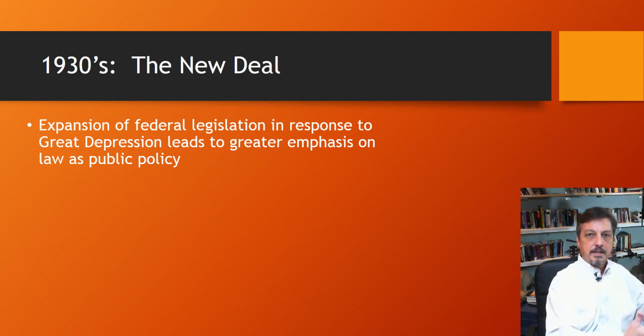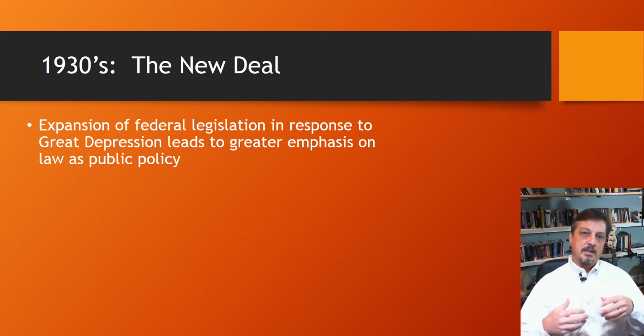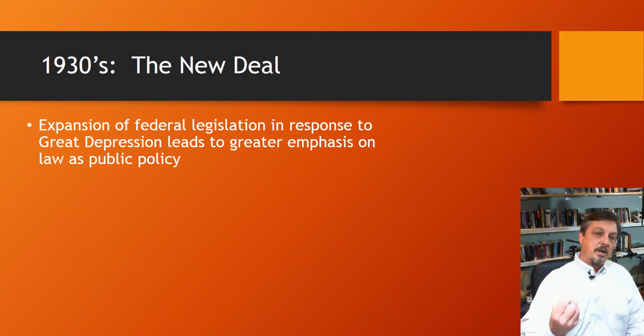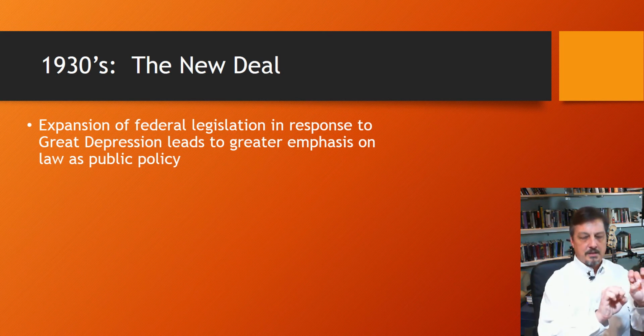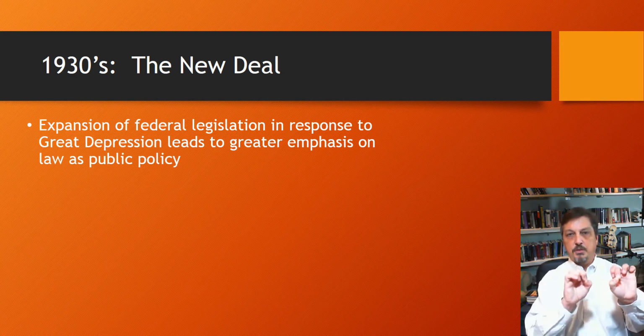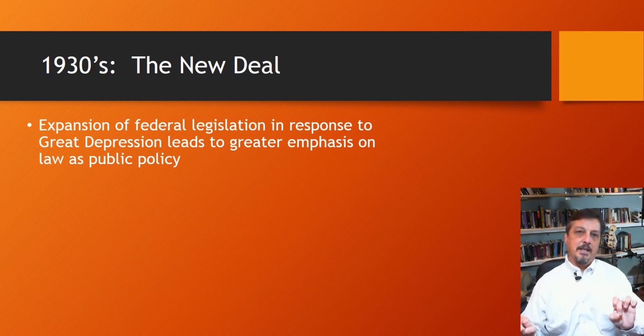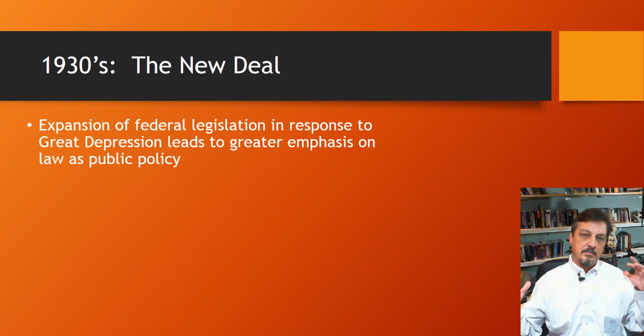It also broadly affects thought about jurisprudence, because there comes to be more thinking about law as a form of public policy. Whereas under previous ways of thinking, law was more often thought of as solving discrete problems, there's an increasing move toward thinking of law as solving bigger social problems.